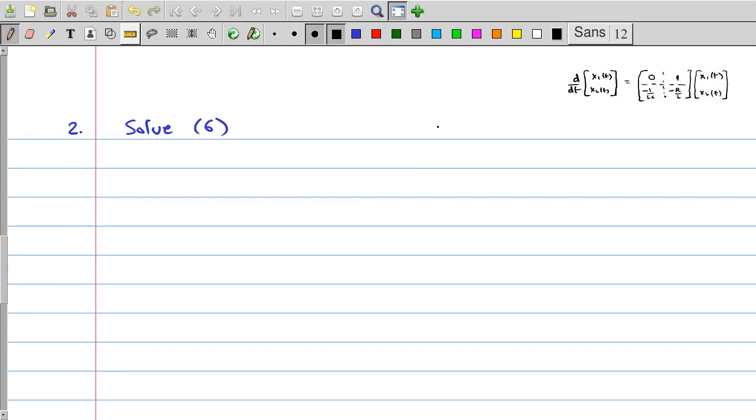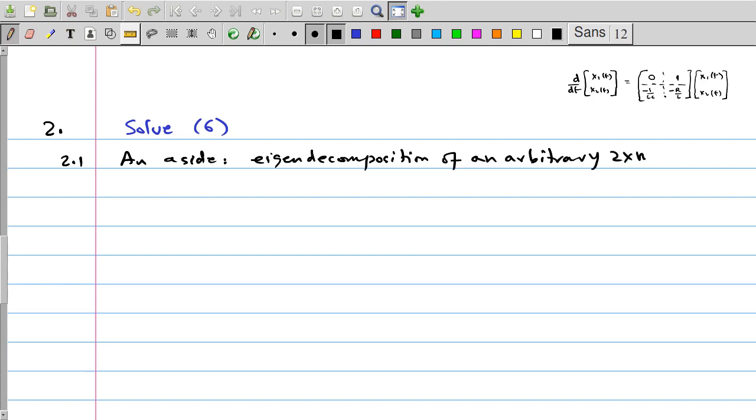All right, now let's write it. I'll write 2 over here. 2.1, an aside: eigen decomposition of an arbitrary 2x2 matrix, right?